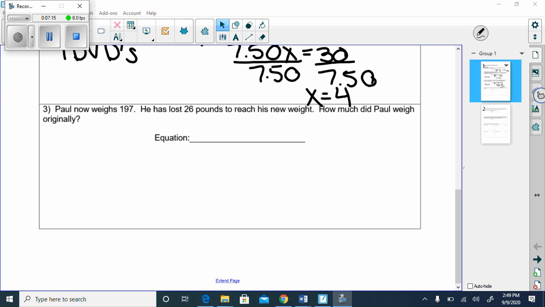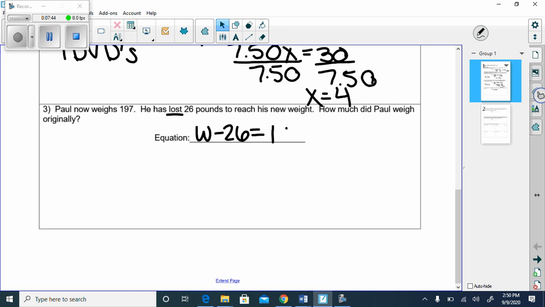However, if we were writing this as an equation, we should be solving for some variable, and you've already done one of the steps if you have it on that one side, right? What we don't know is how much he originally weighed, just yet, right? Okay, so that's unknown. Oh, he lost 26 pounds. We would subtract. Subtract. And that is going to give you what he weighs. 197.